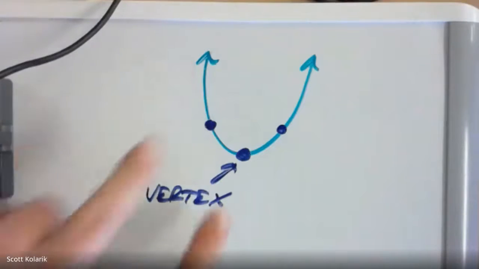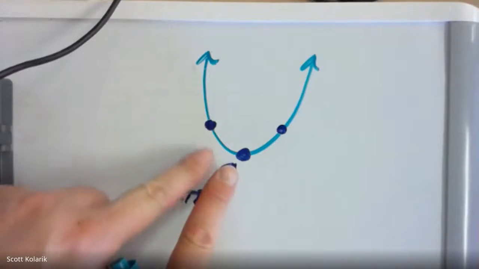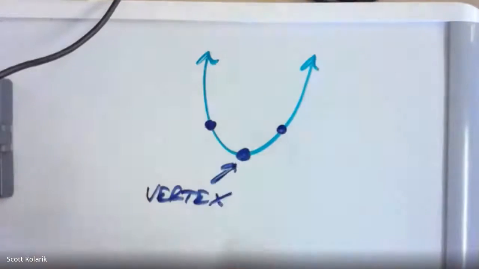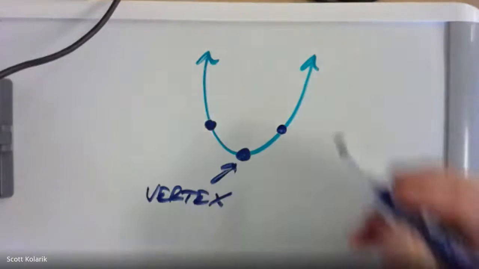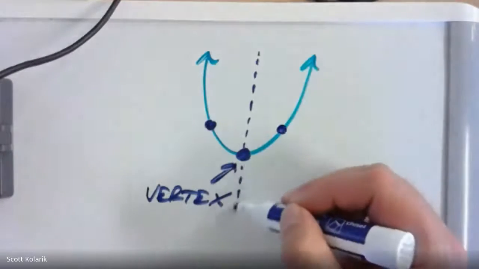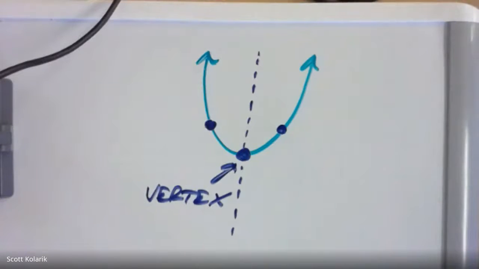Symmetrical shape means that this part of the curve right here is going to match this part of the curve right here, perfectly reflected over the axis of symmetry that goes down the middle. That's part of what we discovered and explored in the previous section. We worked on identifying where this axis of symmetry is, this line that chops the U shape in half, and in turn, where the vertex is. And then we picked a point on either side of the U.